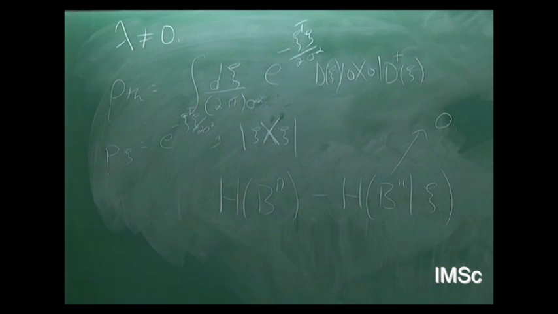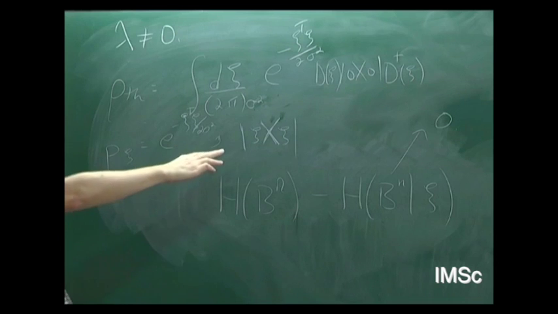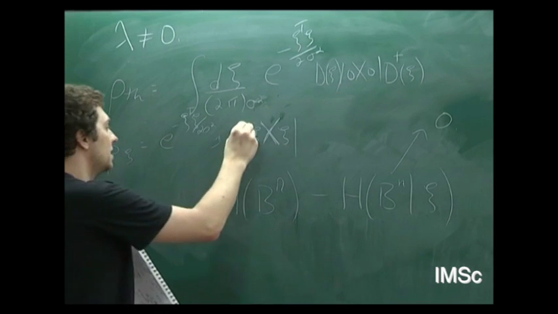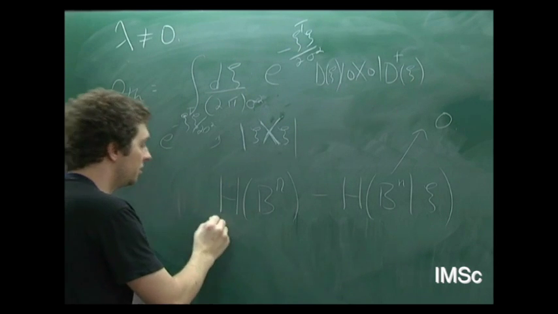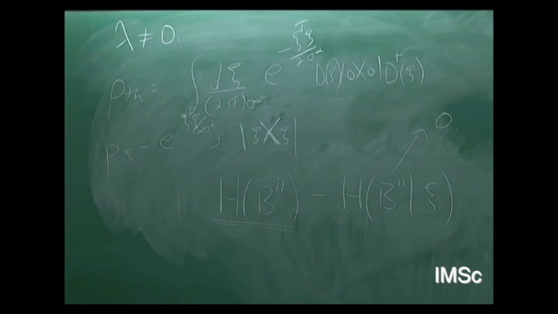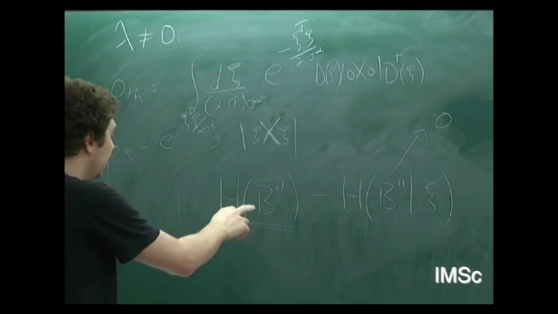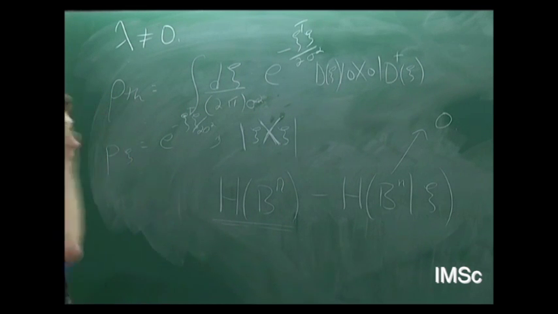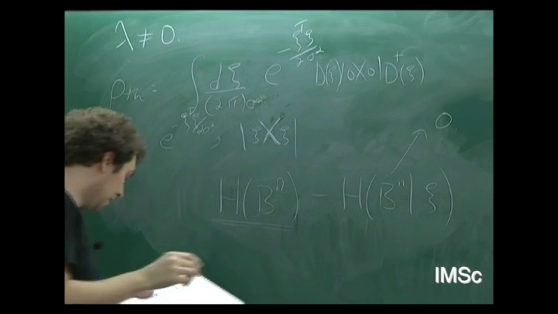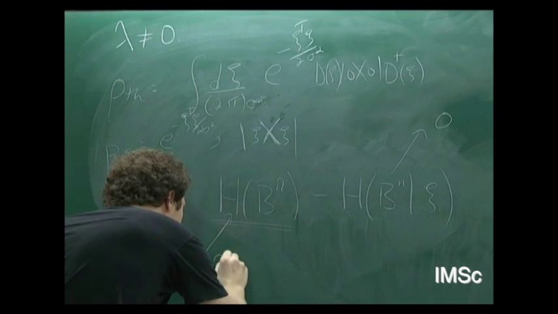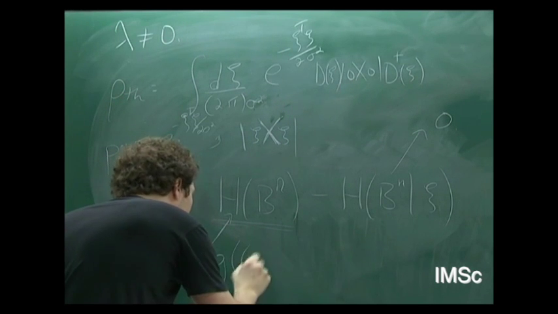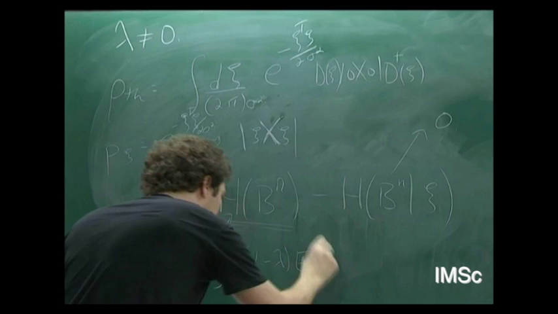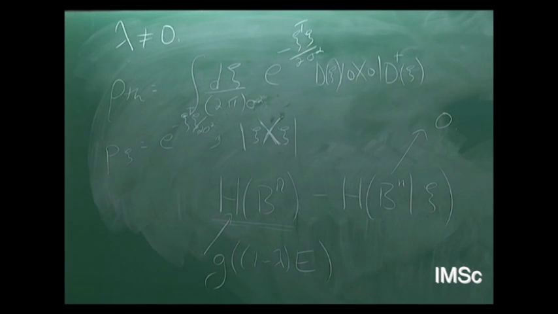Now our problem becomes, if we're going to stick to coherent states, we want to maximize just the entropy at the output. If I have a mean photon number constraint of E, the mean photon number at the output is going to be 1 minus lambda times the original mean photon number. And by maximizing this entropy, I'm going to get an achievable rate, at least, of g of (1 minus lambda) times E.